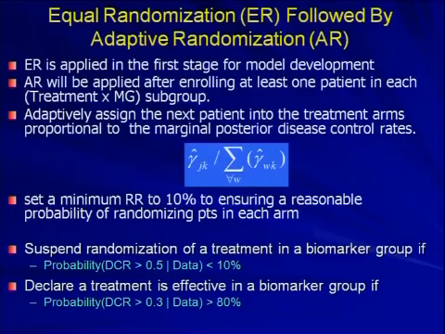The probability of assigning treatment 1 will be proportional to the disease control rate for this marker group's patients getting treatment 1, over the sum of that for all the other treatments.